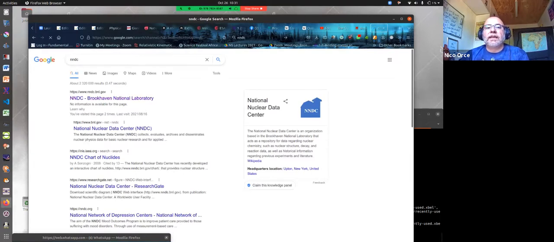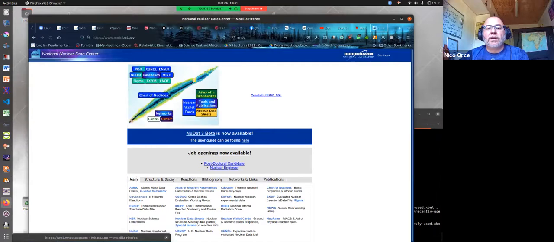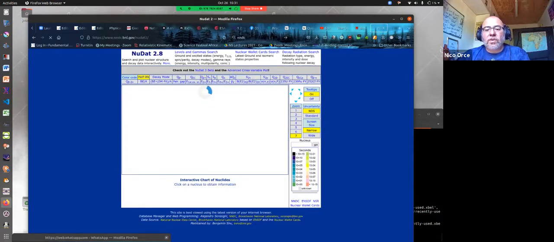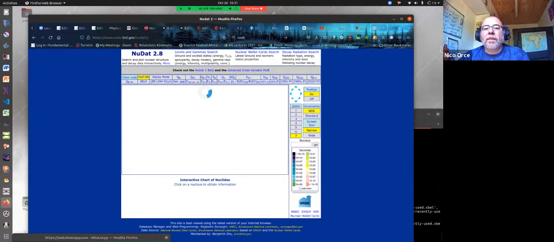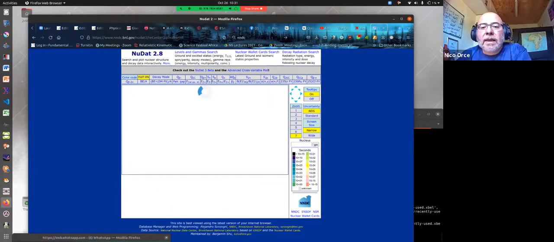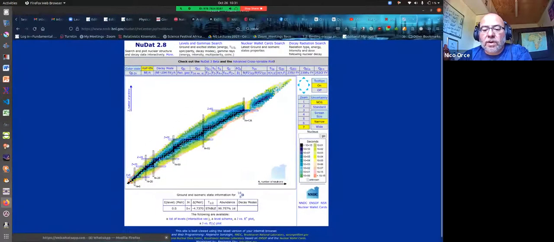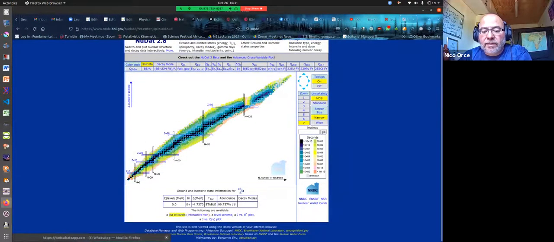Let's go to the chart of the nuclides, and go to oxygen 16. Here we go. I just click on it, and you can see the list of levels here.